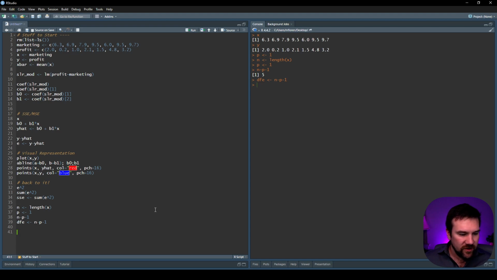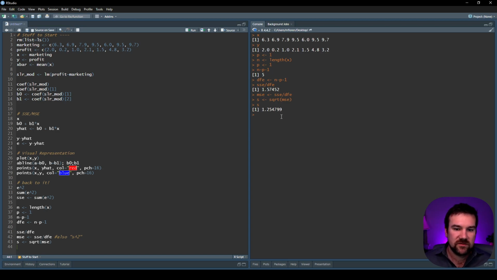For my mean squared error, I simply take the sum of squared error over the degrees of freedom error, and that is my mean squared error term. I'll go on and save that for using later. Remember, we also called this s squared. And incidentally, for s, I need to take the square root of s squared, the square root of this MSE.